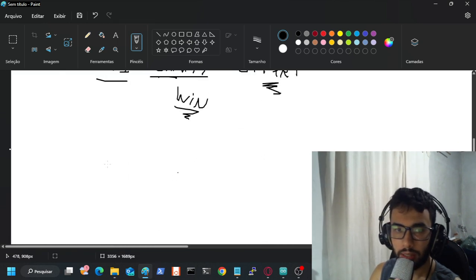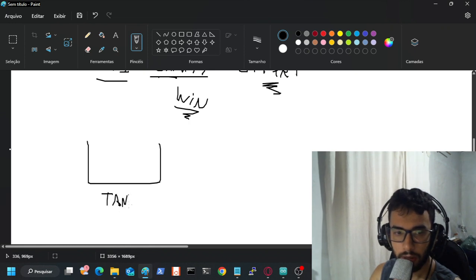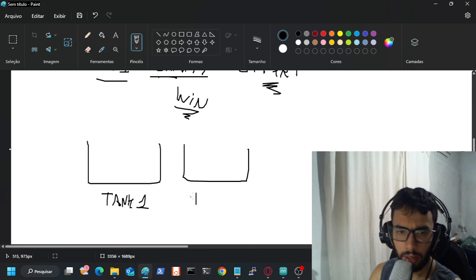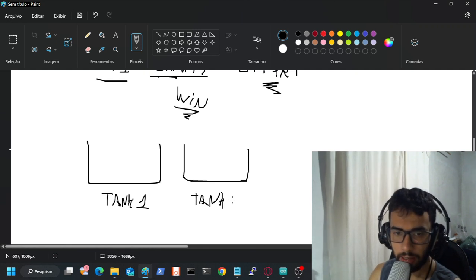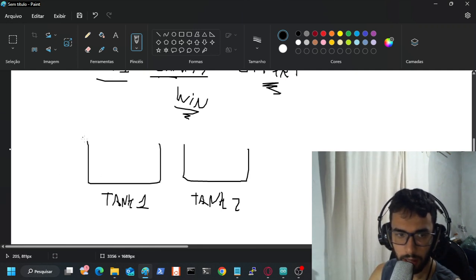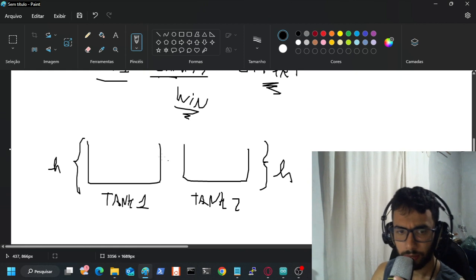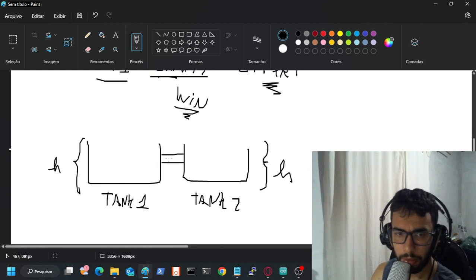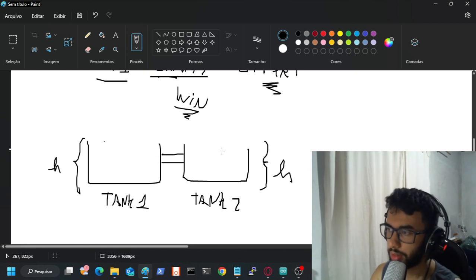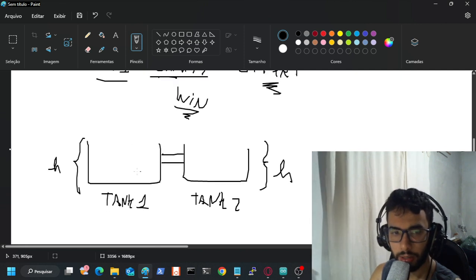And then we can also consider tank 1 and tank 2 on the same height. It's a height h and the same height h. And then you put a pipe between these two water tanks, right? So then it's fully completed.